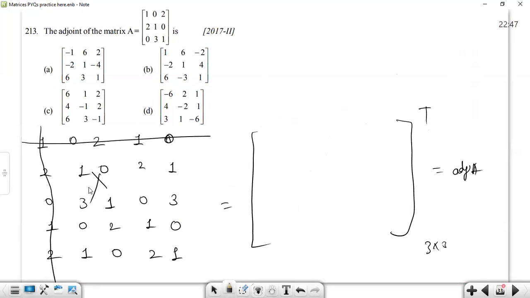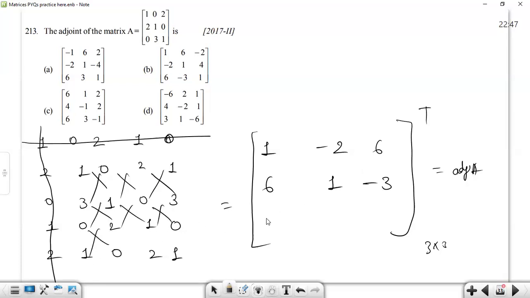So 1 into 1 minus 3 into 0, 1. 0 into 0 minus of 2. 2 into 3, 6 minus of 0. 6 into minus 0. 1 into 1 minus 0. 0 minus 3, 0 minus 2. 4 minus 0, 1 minus 0.